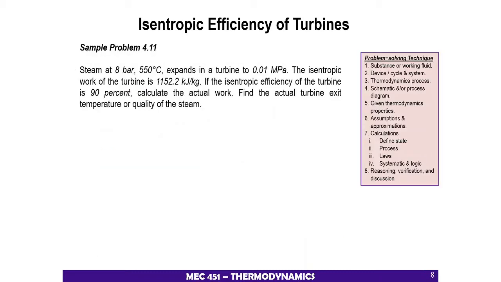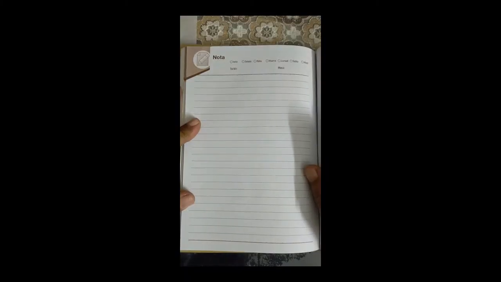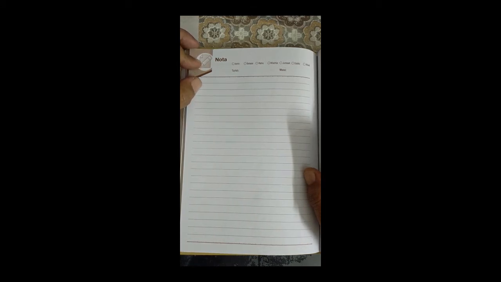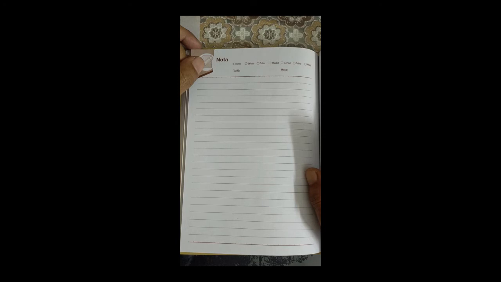Sample problem 4.11. Steam at 8 bar, 550 degrees Celsius expands in a turbine to 0.01 megapascal. The isentropic work of the turbine is 1152.2 kilojoule per kg.